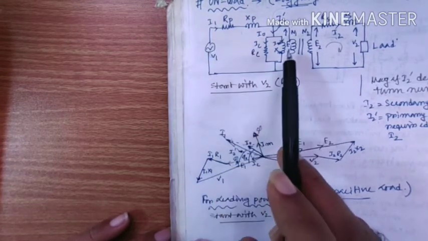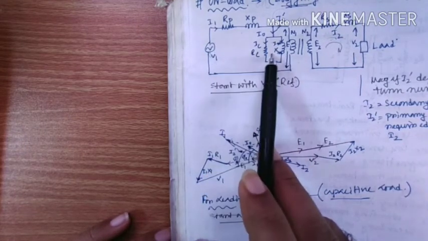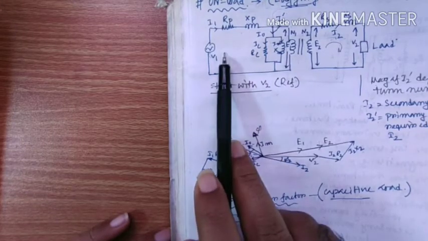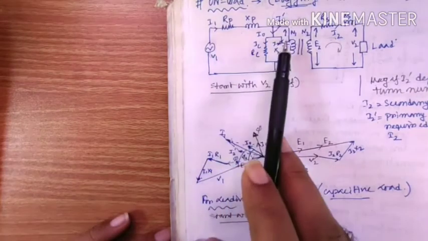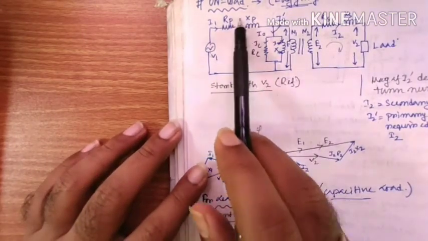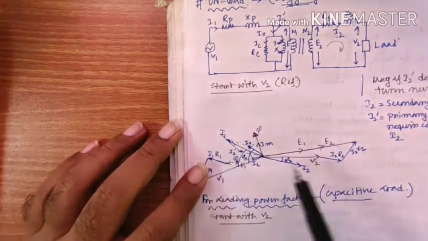And they will create a voltage drop of E1. The nature of V1 and E1 is that they are in opposite directions. So the summation of the voltage drop across this one plus minus E1 is equal to V1.